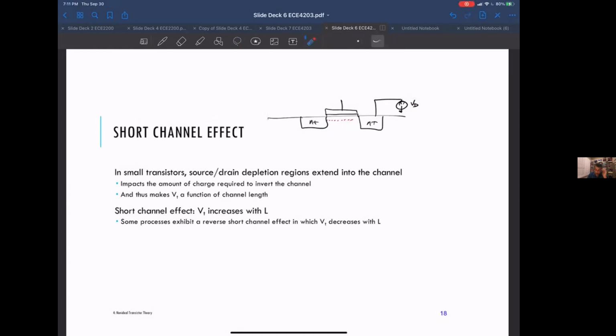As your transistor lengths get reduced, remember that you also have a depletion region around your drain.